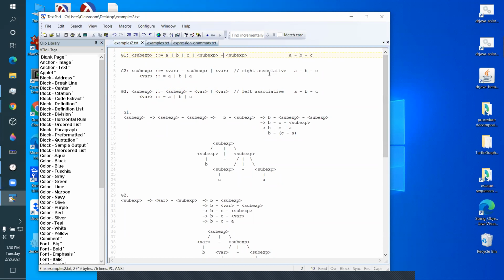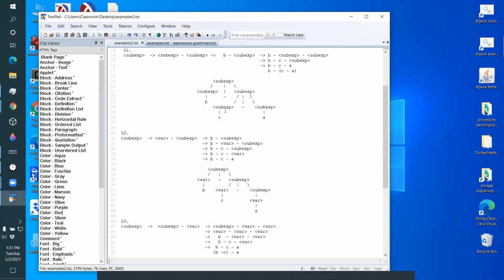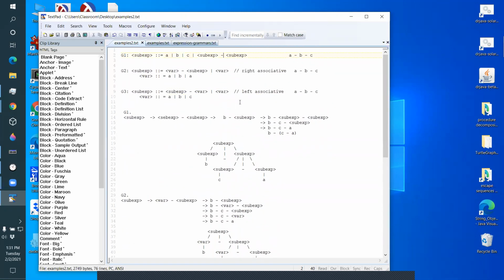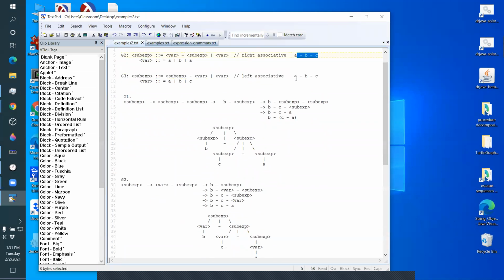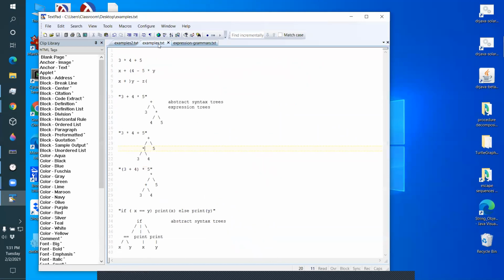What happens when you mix two operators? With one operator, the question is, do you do things from left to right or from right to left? Once you have two operators, the question is, which one do you do first? Do you do multiplication first or addition first?